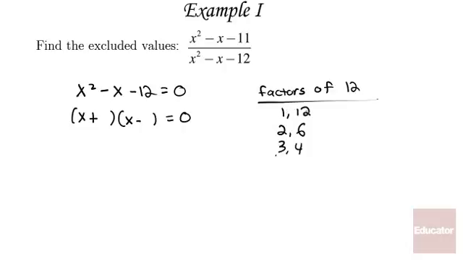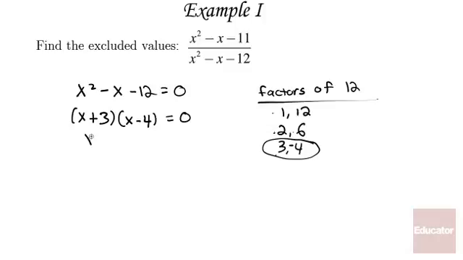Well, I can see that either way I do it, making this or this negative, either one, they're too far apart. They're not going to add up to -1. Same here. I'm going to end up with either 6 minus 2 is 4 or 2 minus 6 is -4. I look here, and if I make 4 negative, I would end up with 3 minus 4, which is -1. So this is my correct set of values. So here I have x plus 3, x minus 4.